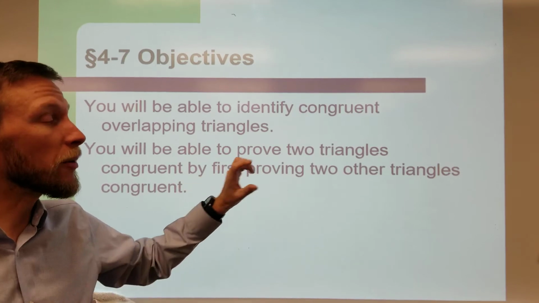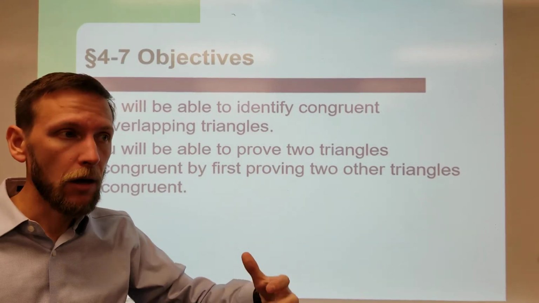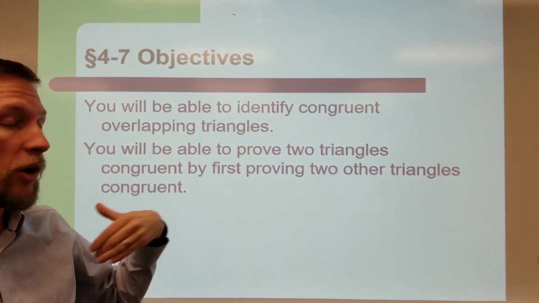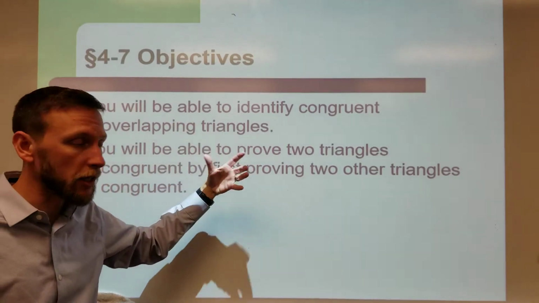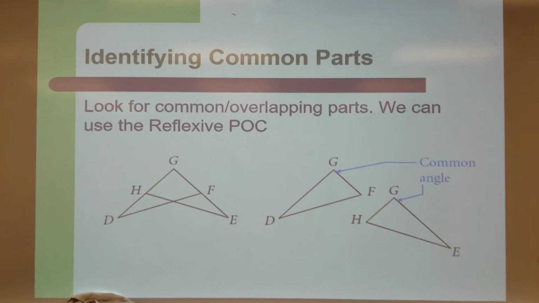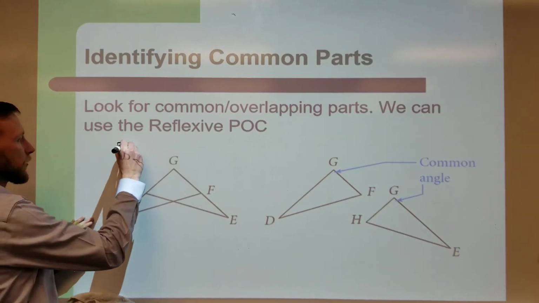And so some of you are going to wrestle with this, and that's okay. But what I really want to do is push some of you to have a more enriching experience here. So that's kind of what we are referring to in this case. So the first step is to identify common parts. This is our given figure.